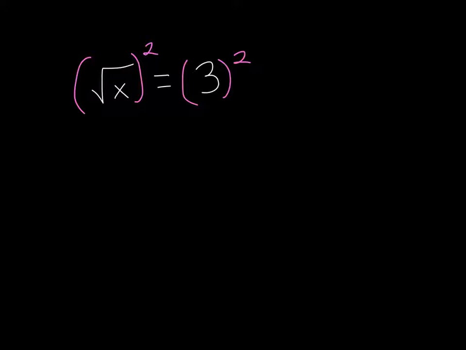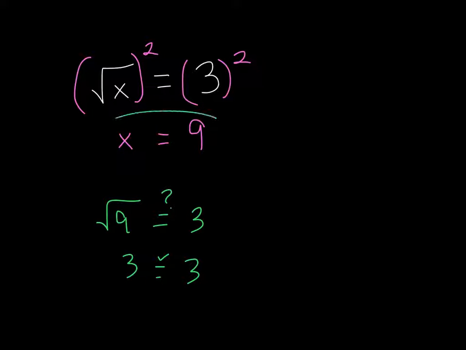So square root of x squared, the square root and the squared cancel. That becomes x, and then 3 squared would be 9. So x equals 9. And we can check this by plugging x in. Square root of 9 should equal 3, and the square root of 9 does equal 3. So our answer is correct.